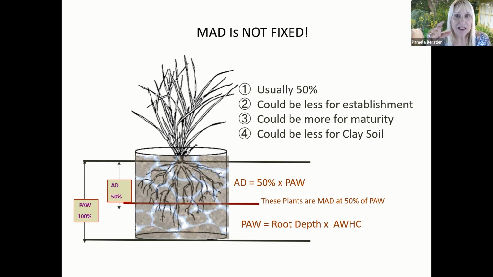And we do that by adjusting our MAD percentage down. And so we allow this small amount of water to be depleted, which gives us an opportunity to apply water. We end up essentially applying water more frequently, but it's a very small amount that we're applying more frequently.